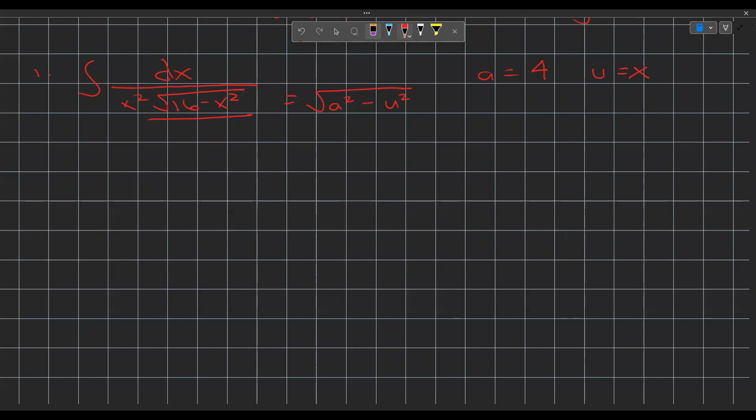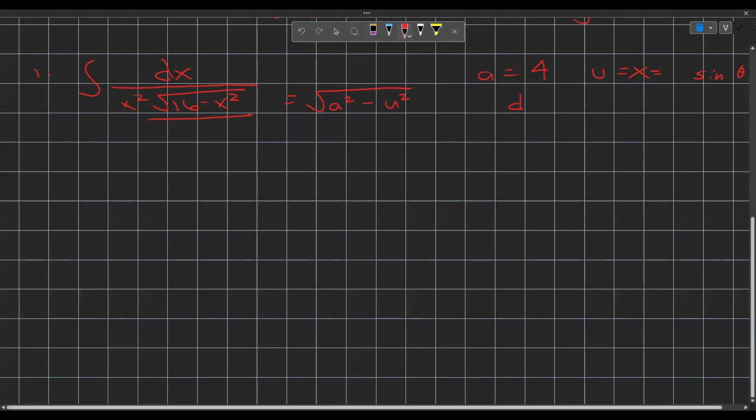Now that we have the values for a and u, we can write du. First we will write u. The value of u when using this case is equal to a sine theta, in which we know that a is equal to 4. Let me just write 4 here.